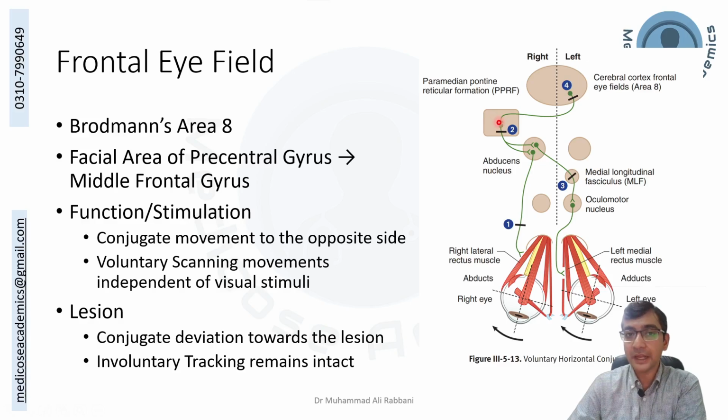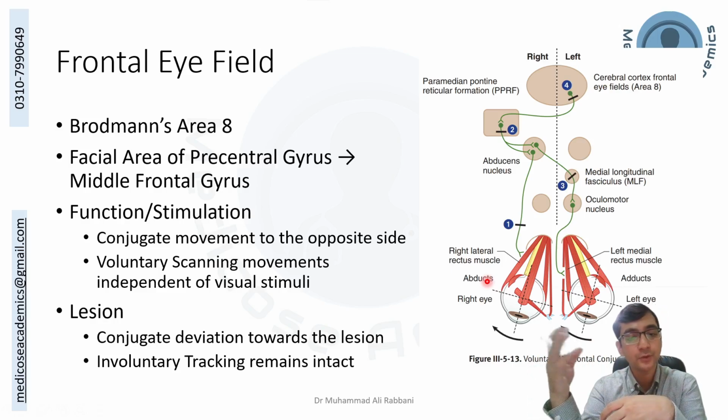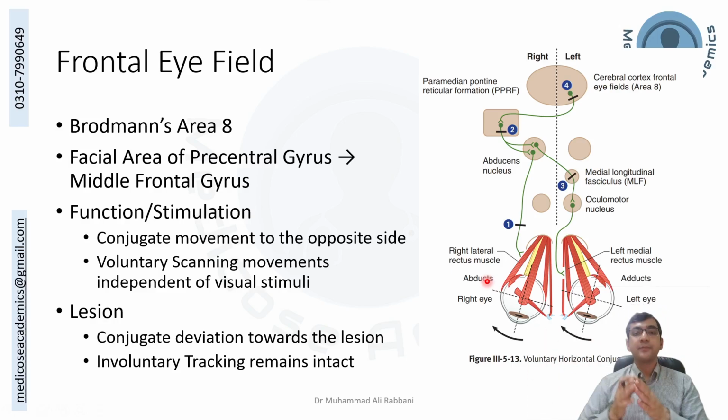In the pons, it will activate the parapontine reticular formation, and the parapontine reticular formation will lead to activation of the abducent nerve nucleus on the same side and the oculomotor nerve nucleus on the opposite side, by the way going to the opposite side through the medial longitudinal fasciculus, and through that both the eyes will look towards the right side. So the left frontal eye field is responsible for moving both the eyes to the right, conjugate movement towards the contralateral aspect.